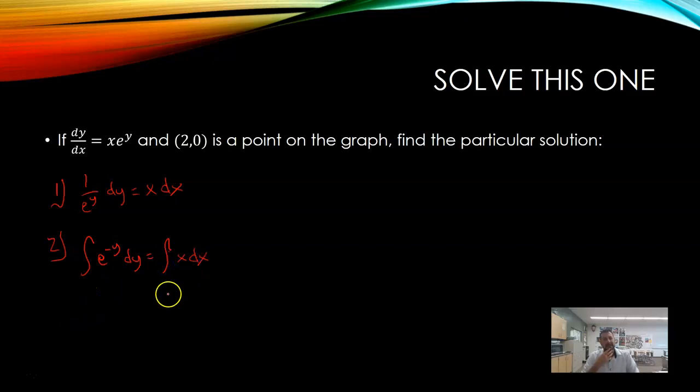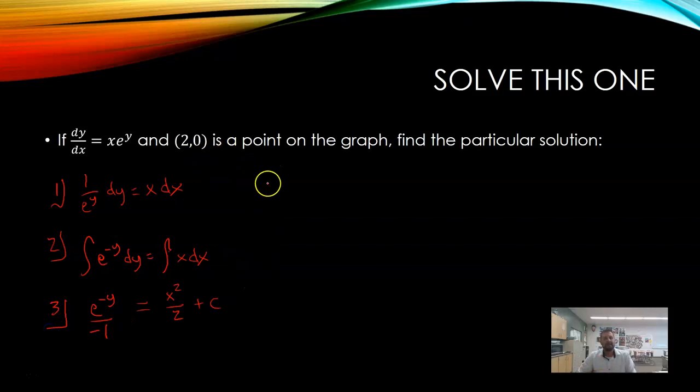So the antiderivative of x is x squared divided by 2 plus c. Okay? And then on this side, the antiderivative of e to the negative y is actually e to the negative y divided by negative 1. And it's just like a simple u substitution. Just trust me on that one, just in the interest of time. So there's my third step when I wrote the plus c.